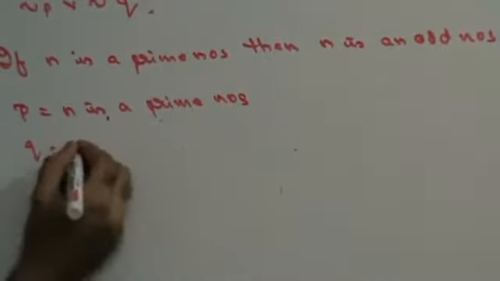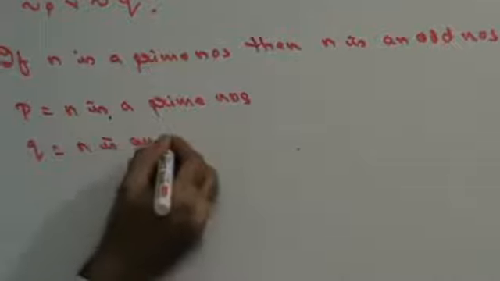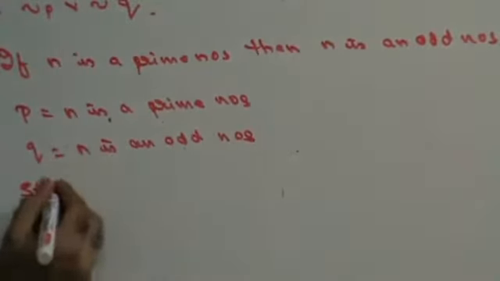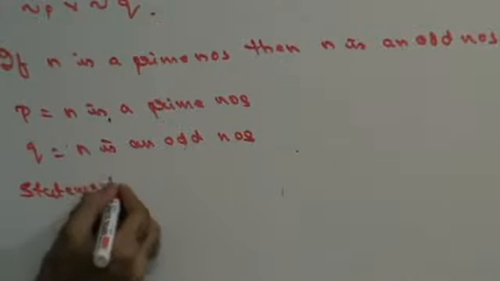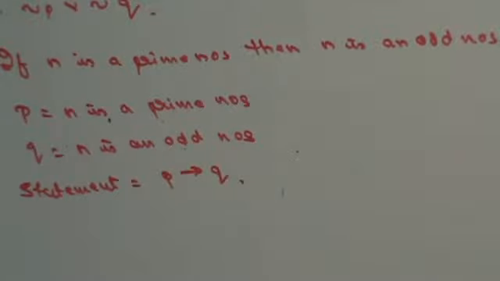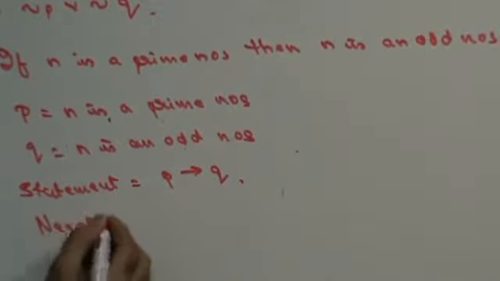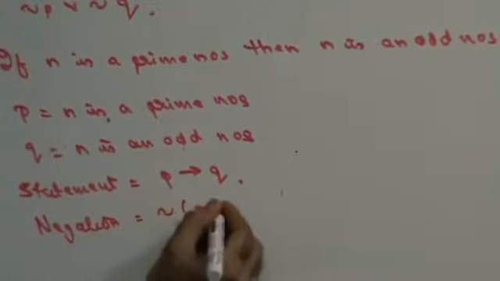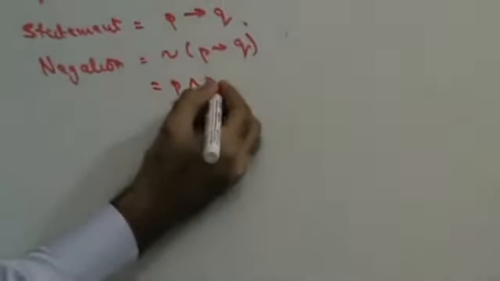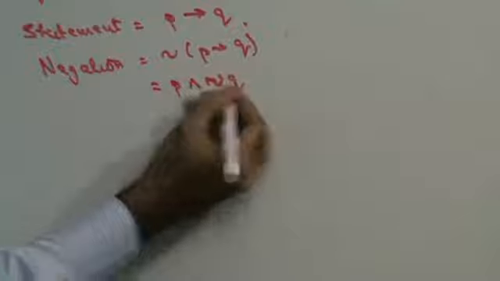Q is n is an odd number. The statement given to you is: if n is a prime number, then n is an odd number. The negation for this is not of P implication Q. For implication, it is first condition and not second condition.